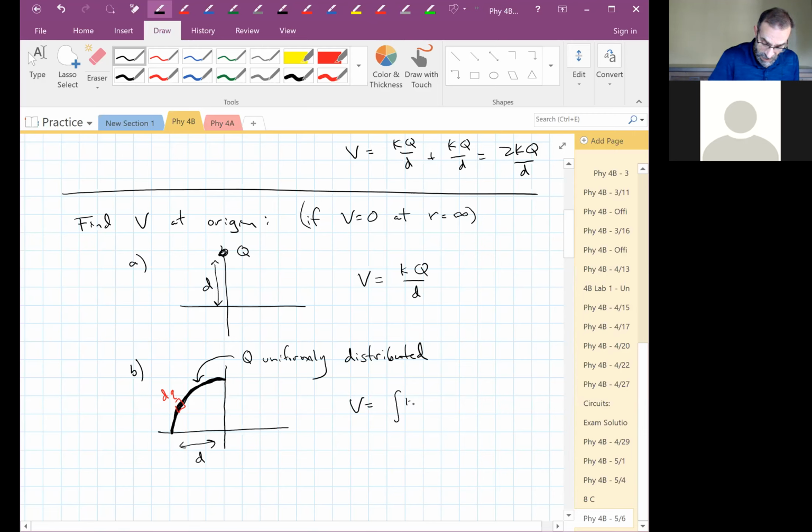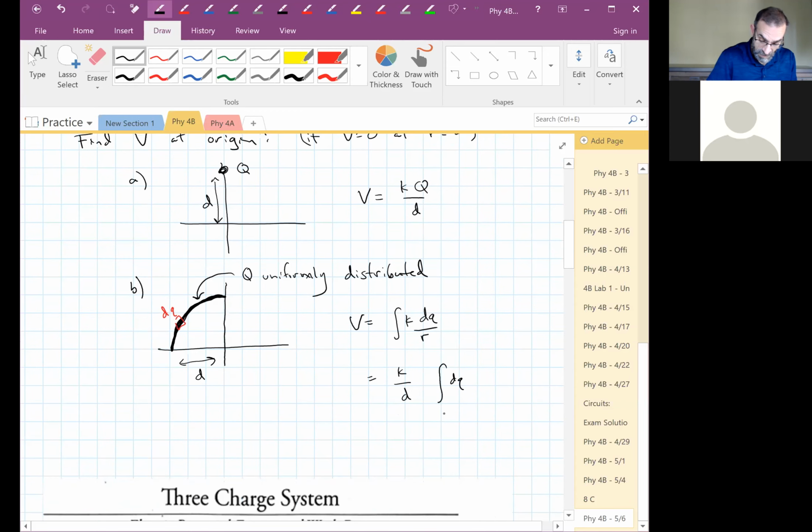The integral of k dq over r. r is a constant, right? It's just d. What's the integral of dq? It's the total charge Q, right? If you don't see that, we could plug it in and get it. The integral of dq is lambda ds, right?